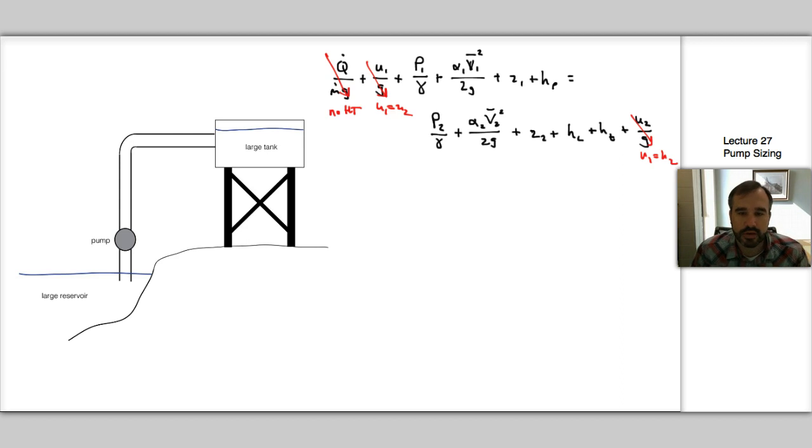Okay, so for this particular case, our point 1 and point 2 are going to be these free surfaces, right? So we're going to have a free surface here and here, so that'll allow us to get rid of the pressure. And I'd like to point out, if you're doing pump sizing, that's not always the case either. Say you're designing the pumping system for a residential building or commercial building to maintain water pressure throughout the system, or a city municipal water supply where you want to maintain 50 pounds per square inch to individual households.